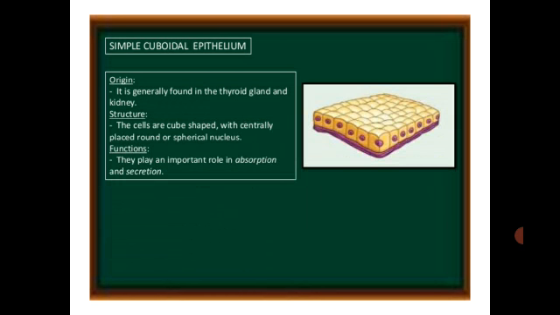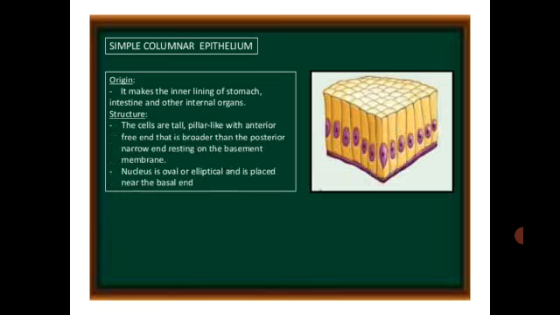Simple cuboidal epithelium is generally found in the thyroid gland and the kidney. Cells are cube shaped as the name indicates. They play an important role in absorption and secretion.